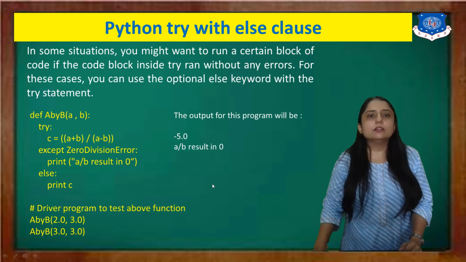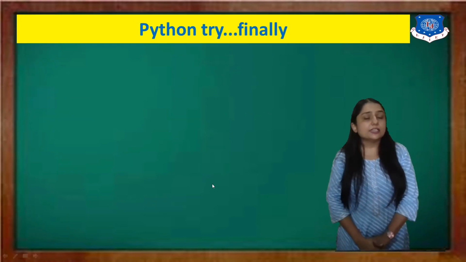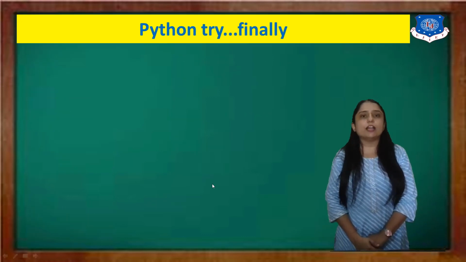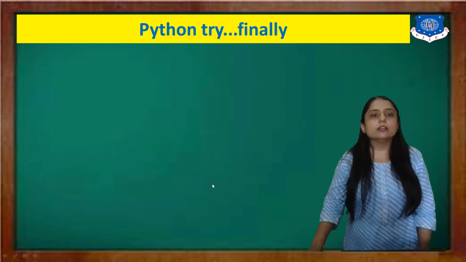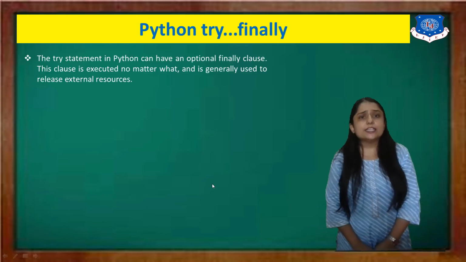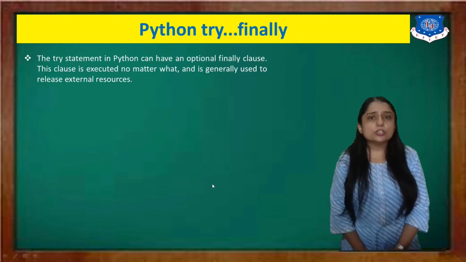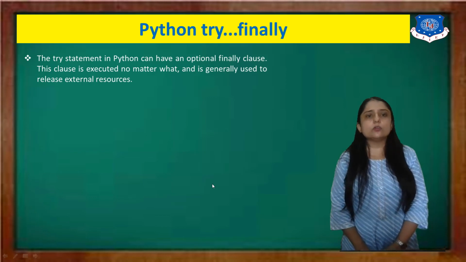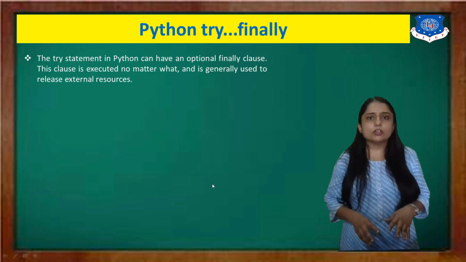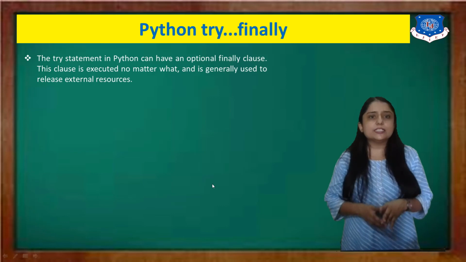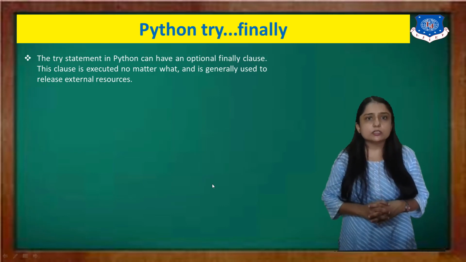Alright. Now next and last, that is Python try and finally. The try statement in Python can have an optional finally clause, and this clause is executed no matter what. It is generally used to release external resources.